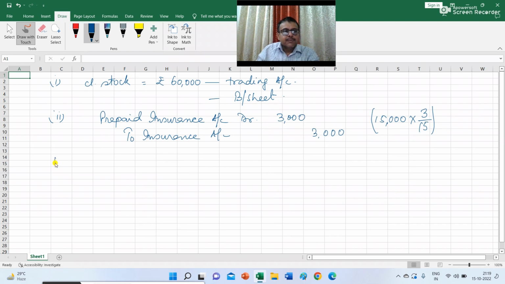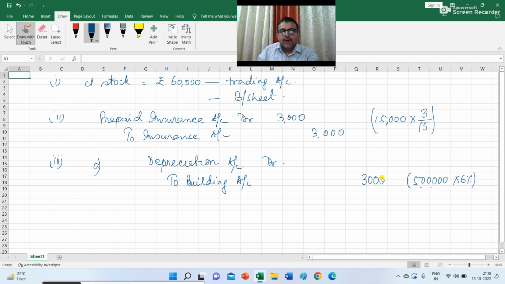The third item is regarding depreciation on tangible assets at the rate of 6%. So you need to pass two journal entries. Number one is depreciation account debit to building. You have a value of building in the trial balance for rupees 5 lakh, and 6% of rupees 5 lakh is 30,000.